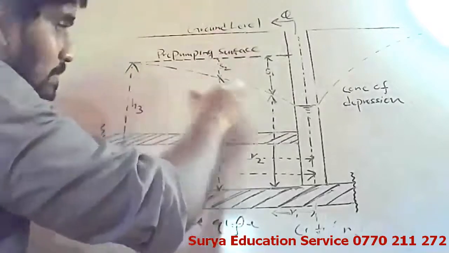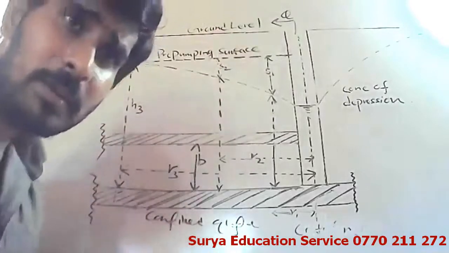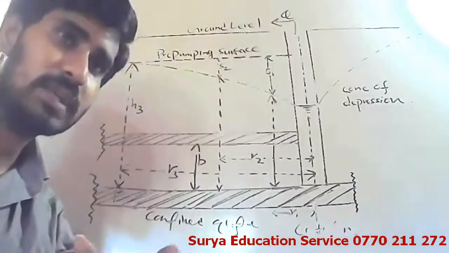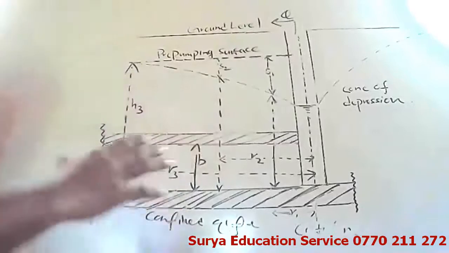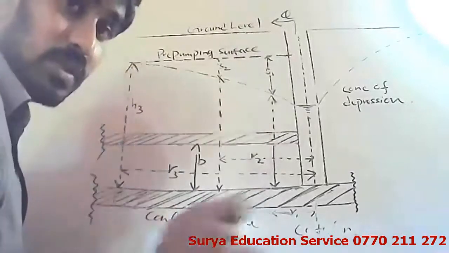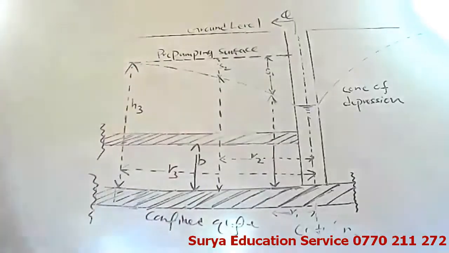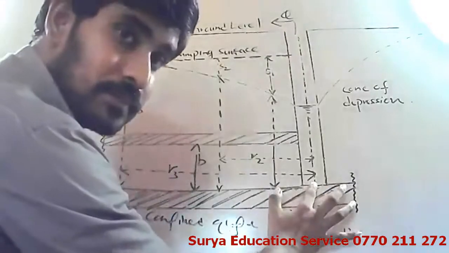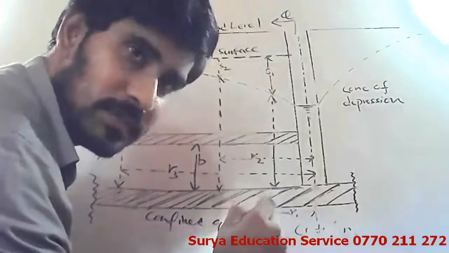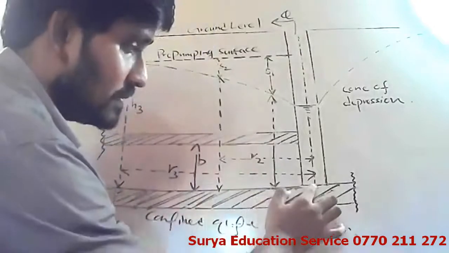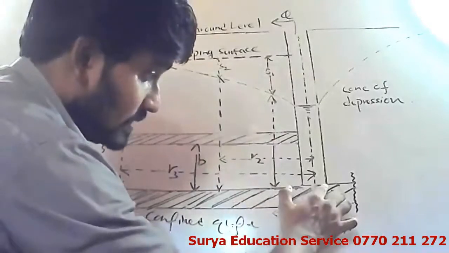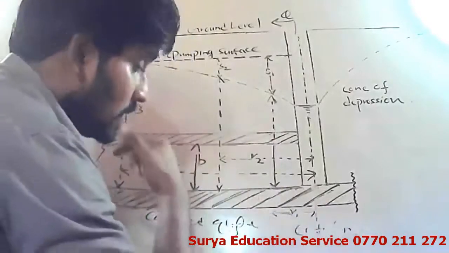So actually this curve represents the variation of the pumping surface, simply the variation of the water level. Okay, so that is this curve. Now careful. From this center line, you are going to measure a horizontal distance r1, along this bottom surface.